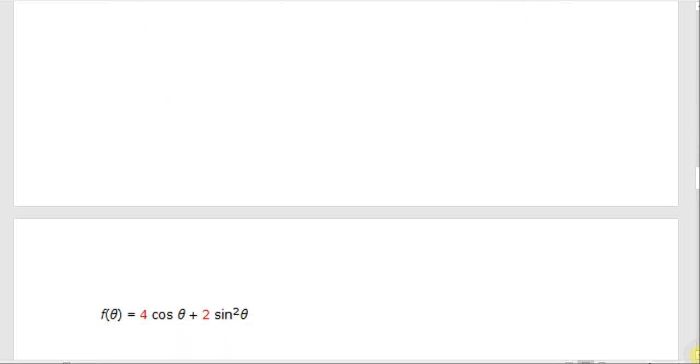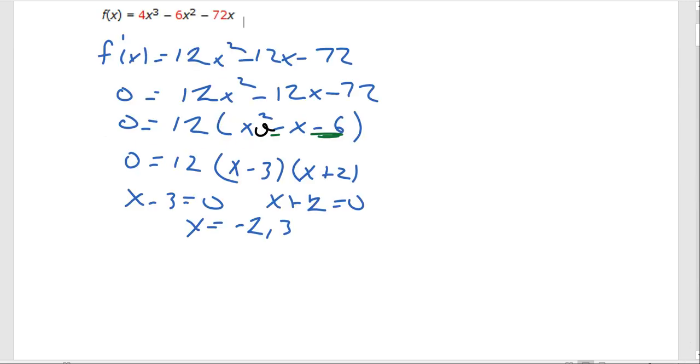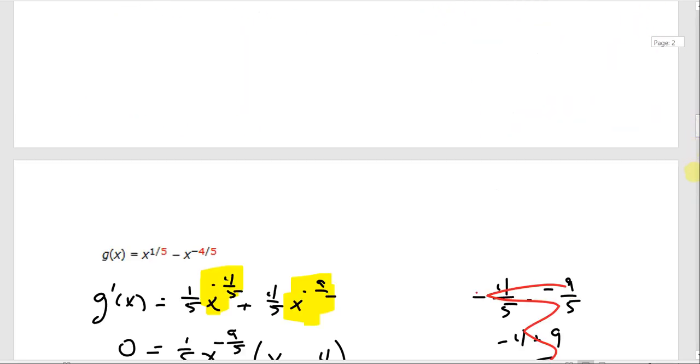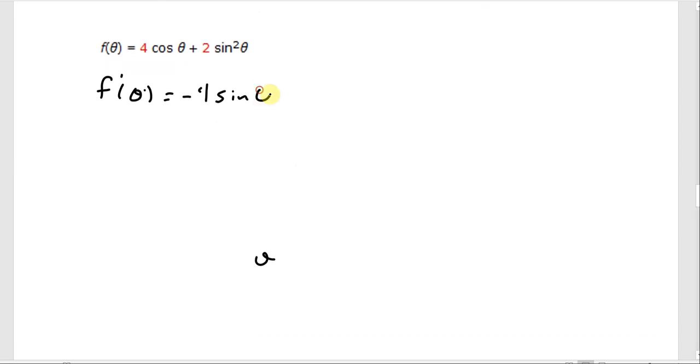So next in line, we have trig stuff. The derivative of cosine is negative sine, so that's 4 sine of theta, plus, now remember, this 2 sine squared of theta.